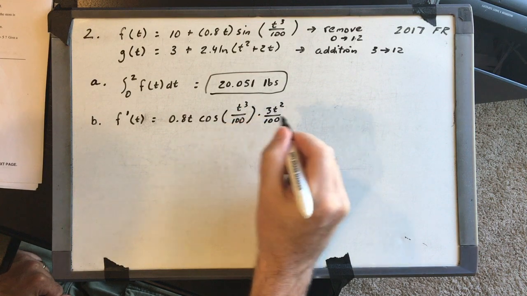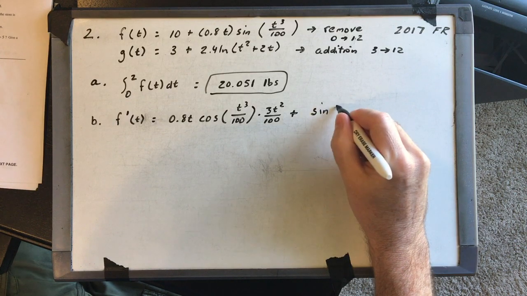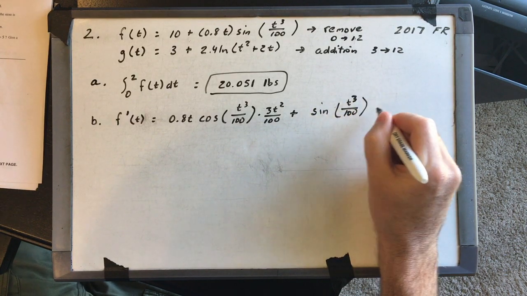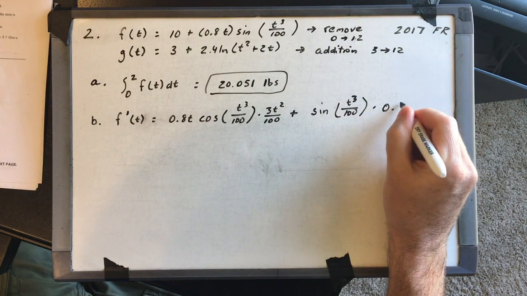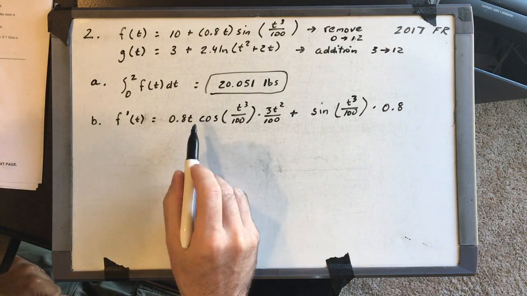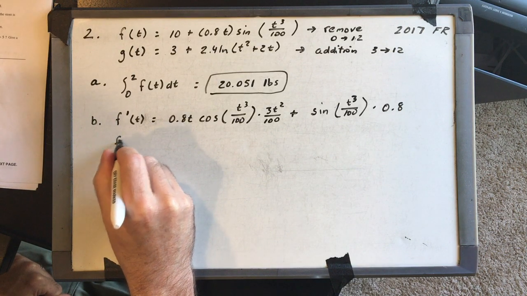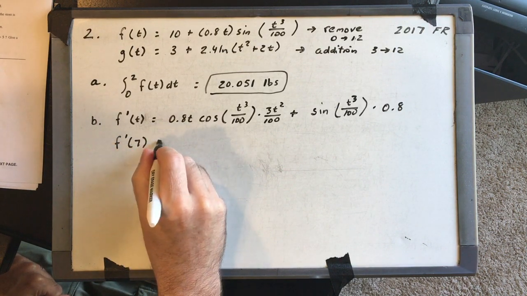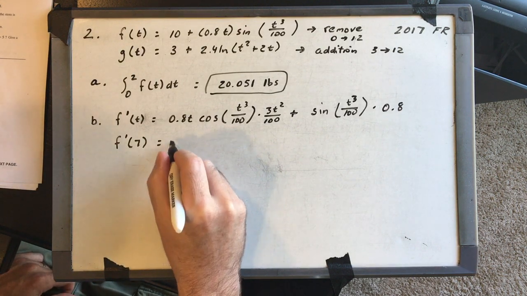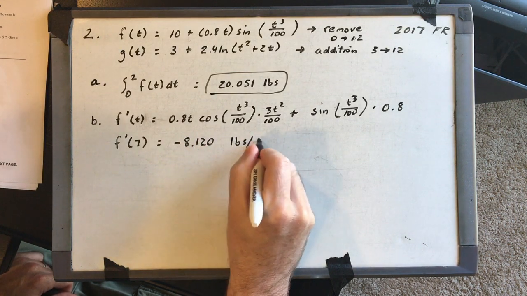So that's the derivative of the block, plus the second, sine of t cubed over 100, times the derivative of the first, so times 0.8. So that didn't take too long, and you'd then have to go and type all that into your calculator and then put a 7 in for t. And if you do that, you'll get minus 8.120, and that's going to be pounds per hour.